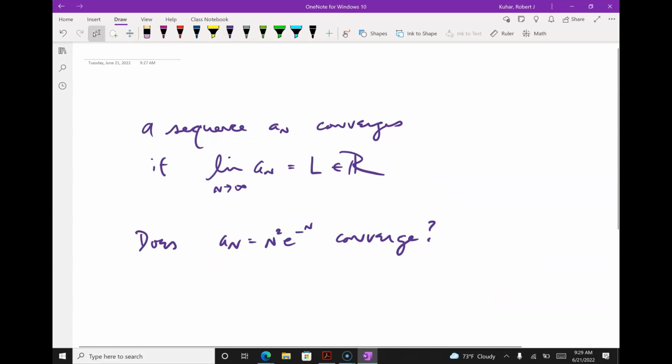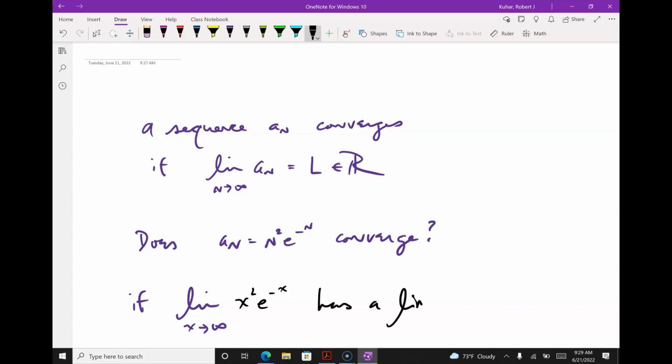Well, if the limit as x goes to infinity of x squared e to the minus x... so all I'm going to do is turn my sequence into a function and see if that converges, right? See if that heads to some number.